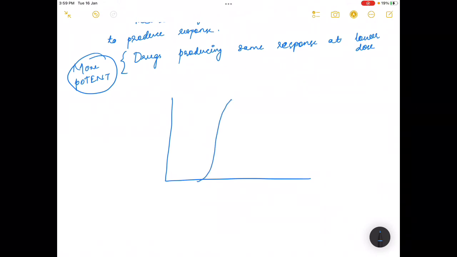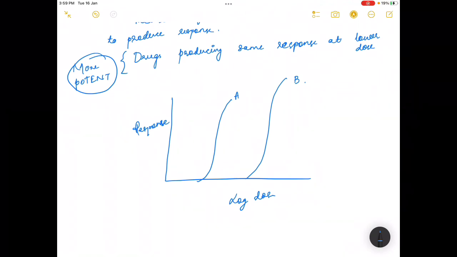drugs which are acting, drug A and drug B. So in this particular graph, which is more potent, drug A or drug B?